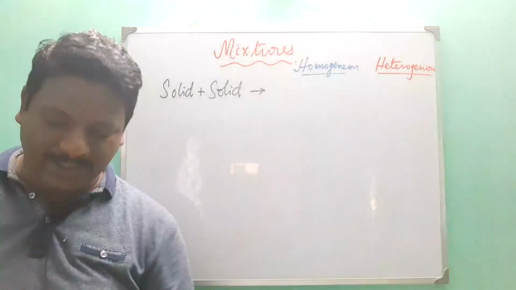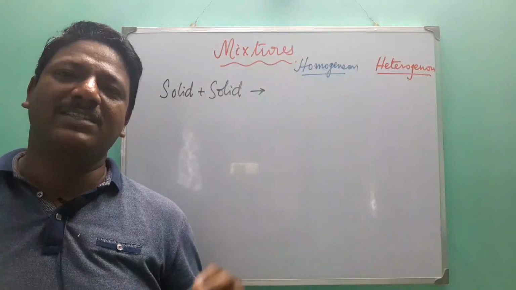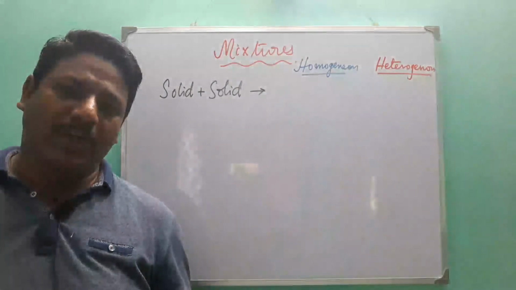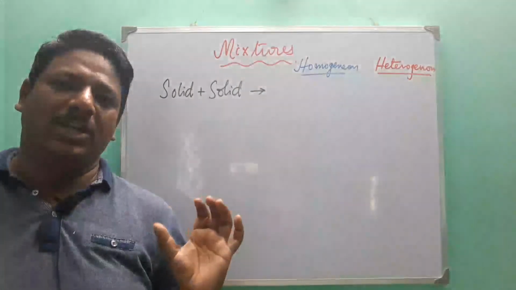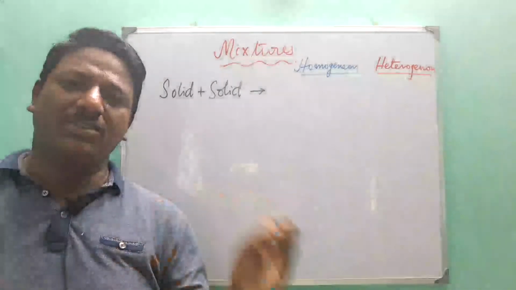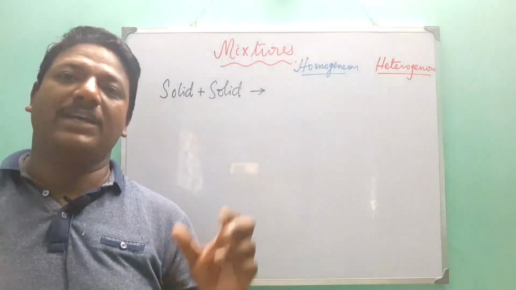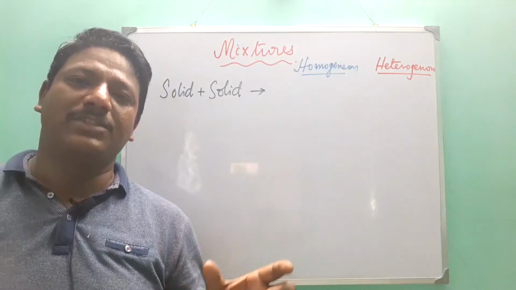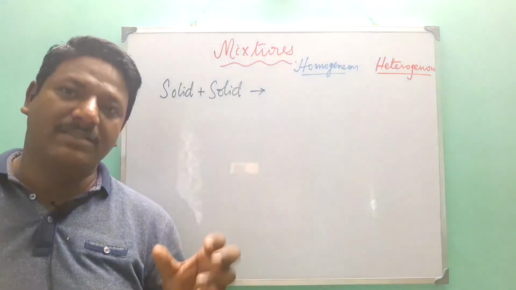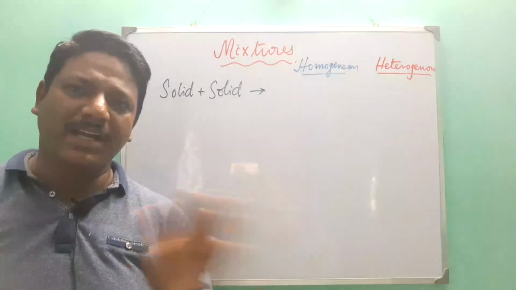Then I said the second characteristic: the property of the compound is entirely different from its constituent elements. Take the example of water. Water is not combustible and not a supporter of combustion, but hydrogen is a combustible gas and oxygen is a supporter of combustion. So their properties are different.